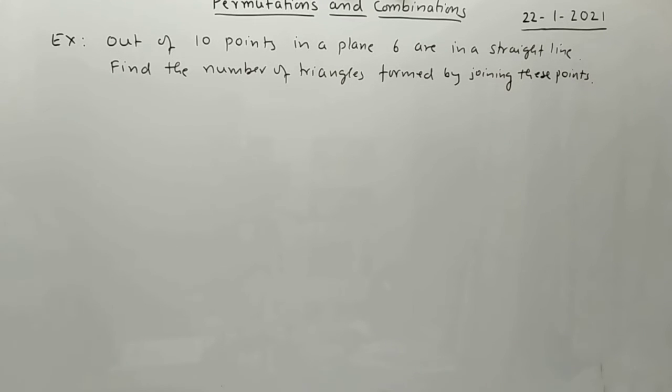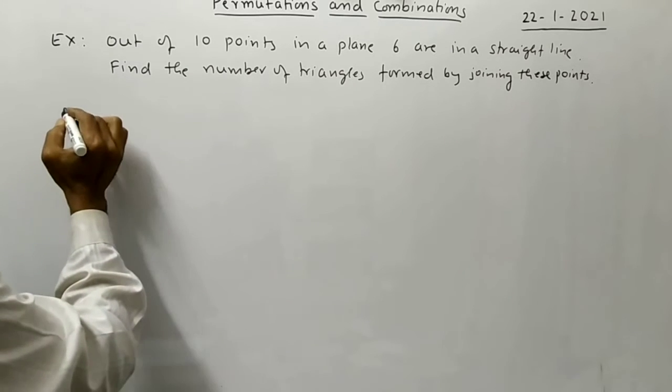Example: out of 10 points in a plane, 6 are in a straight line. Find the number of triangles formed by joining these points. Solution.